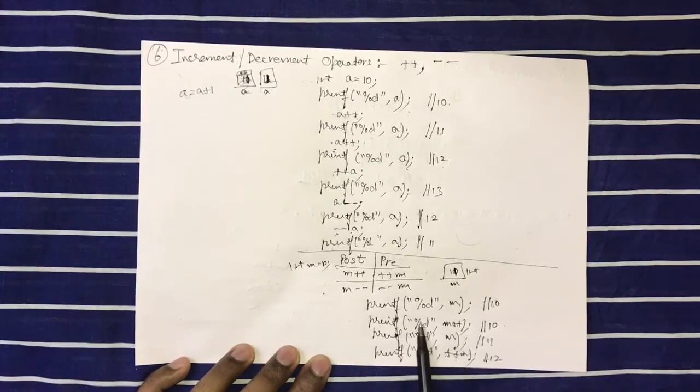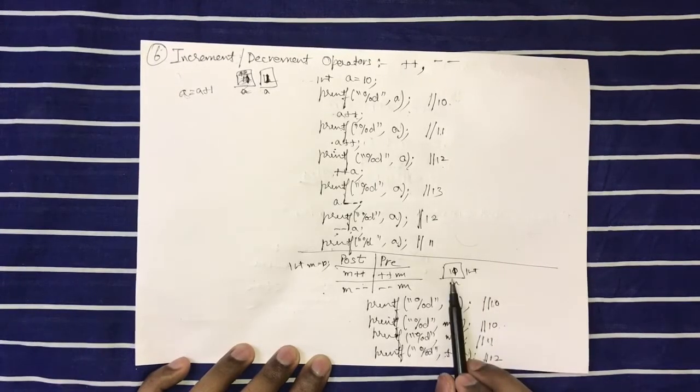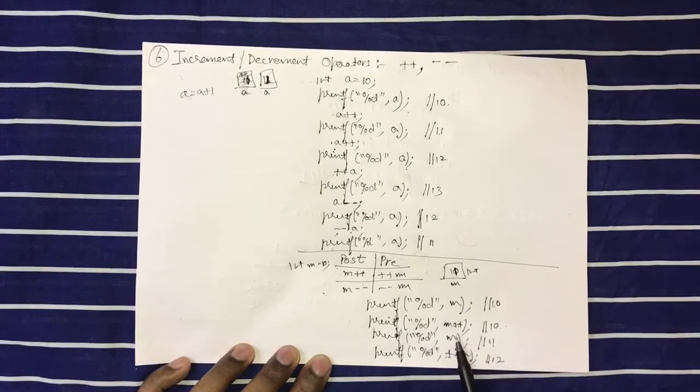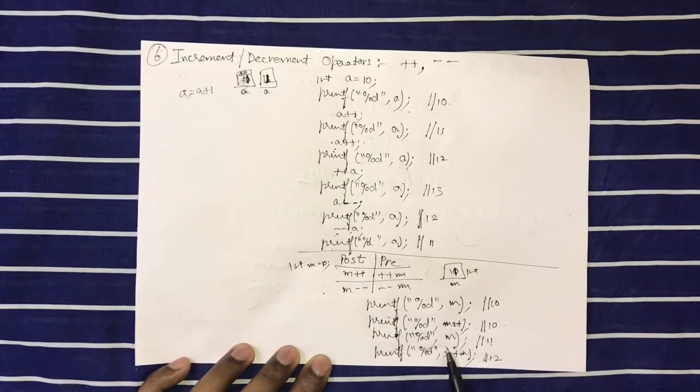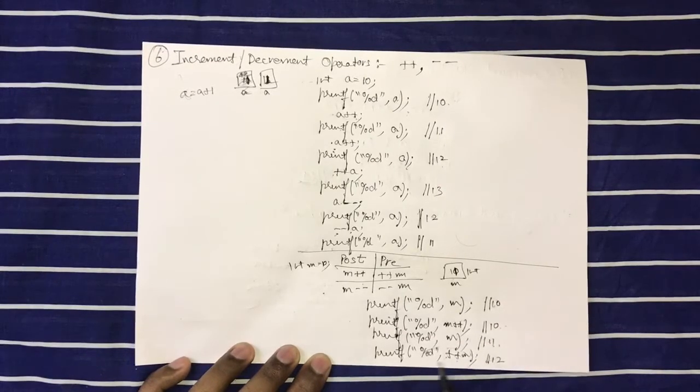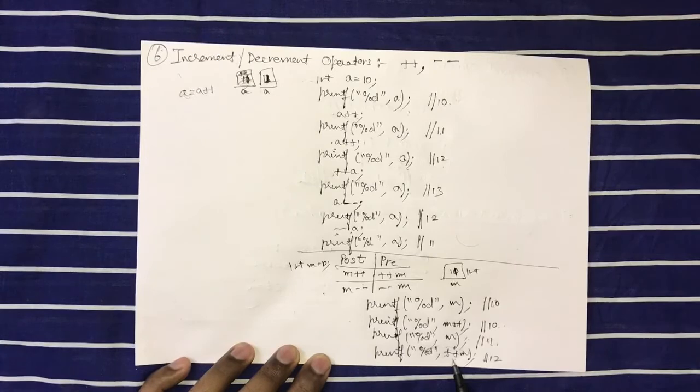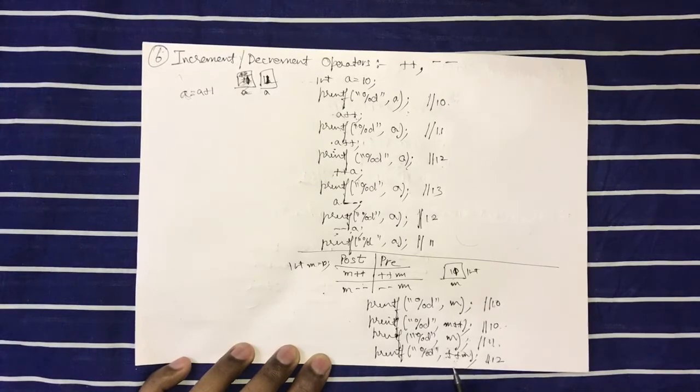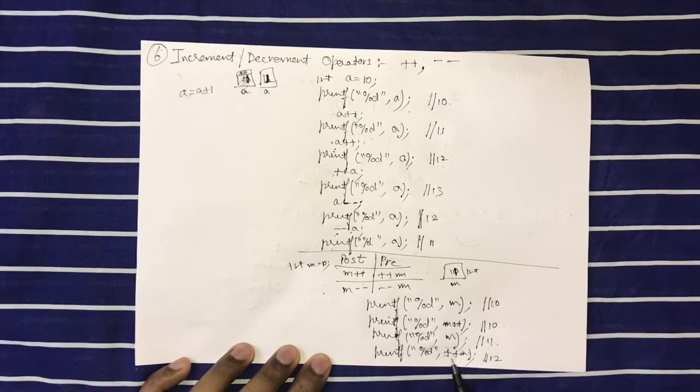First the value would be passed and then it would be added. So after that it would increase the value of the variable by 1, which is 11. And now if I print the value of m again, it prints 11. But if I straight away write ++m, this is pre-increment. Now it adds 1 to the value before, and then passes the value of m. So this is the difference between m++ and ++m.